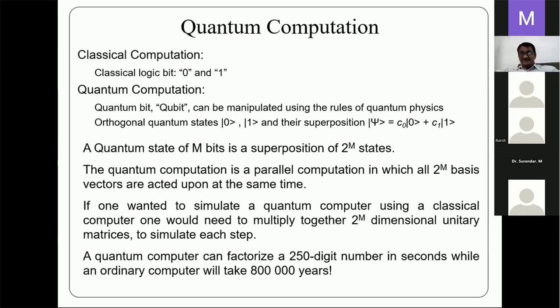It's unimaginable, seconds versus 8,000 years. But still, I want you to understand 250-digit. Come on, n by log n, do it. 600. Are you getting, all of you? Perfect. Okay, let's try to understand the next step.